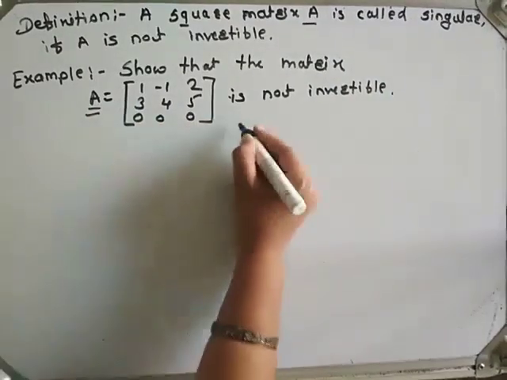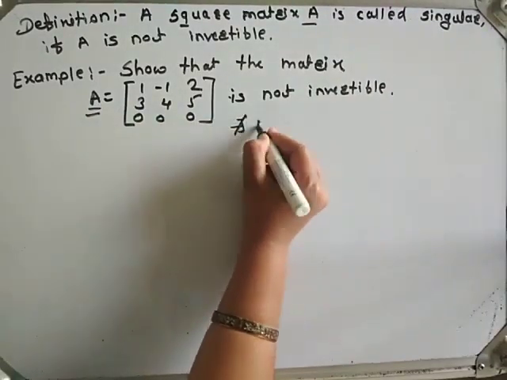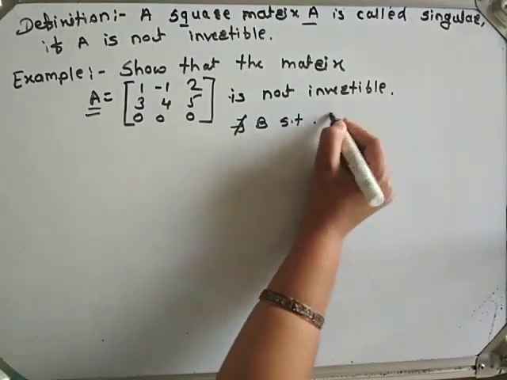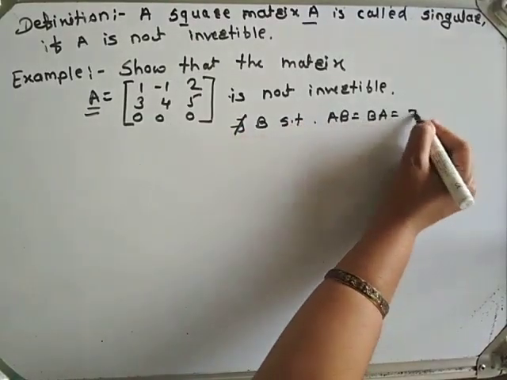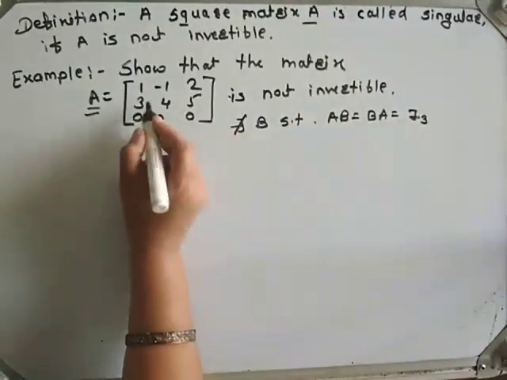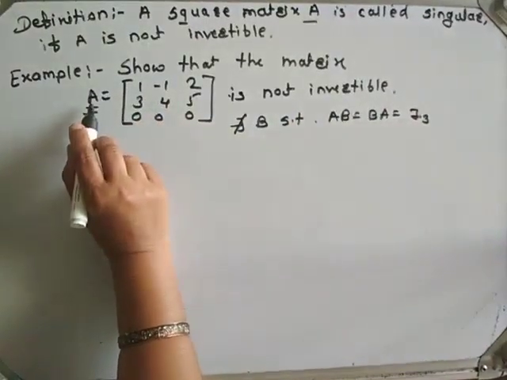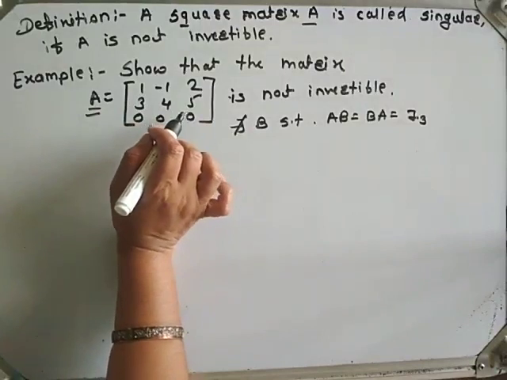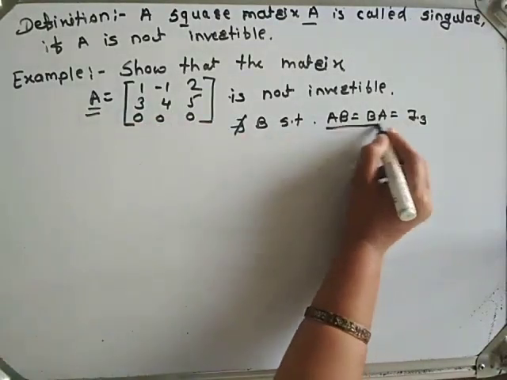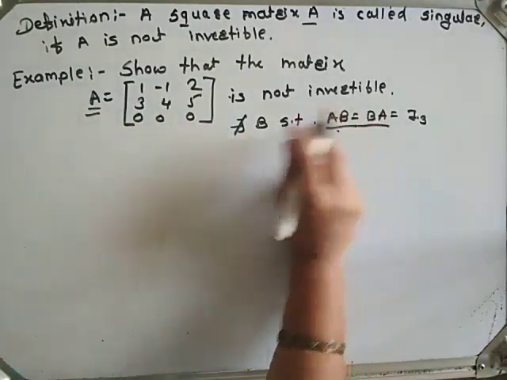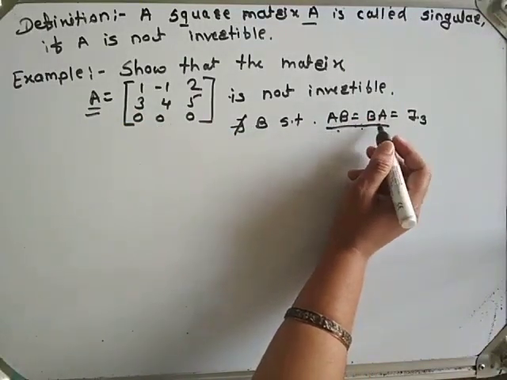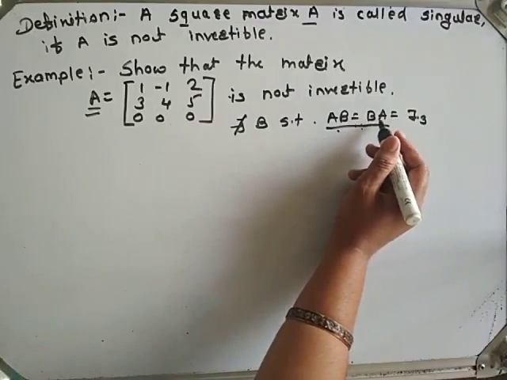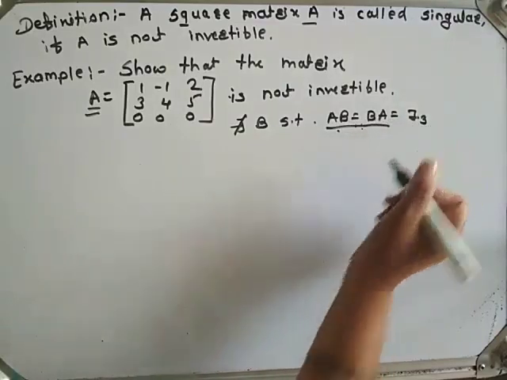That is, we have to show that there does not exist B such that A into B is equal to B into A, which is equal to I3, because the size of matrix A is 3 by 3.